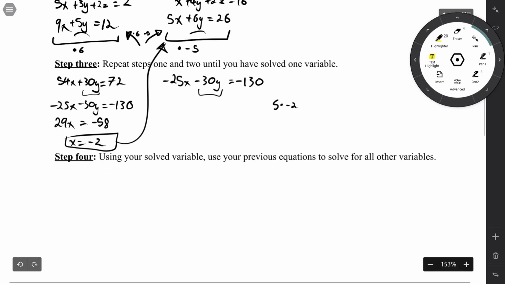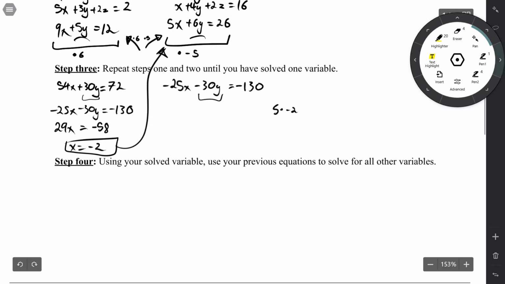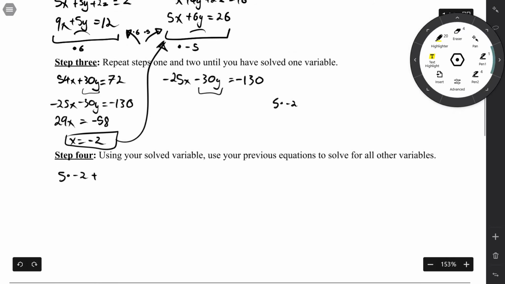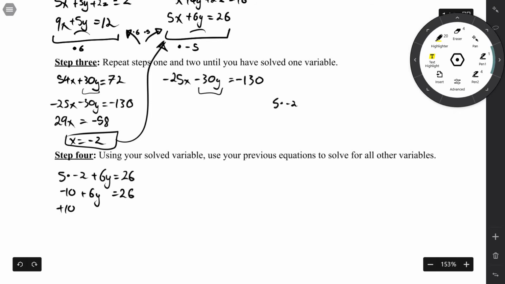We'll plug that in. 5 times -2 plus 6y equals 26. Okay, so that's -10 plus 6y equals 26. We'll add 10 to each side. So that gives us 6y equals 36. And that gives us y equals 6 after we divide by 6.